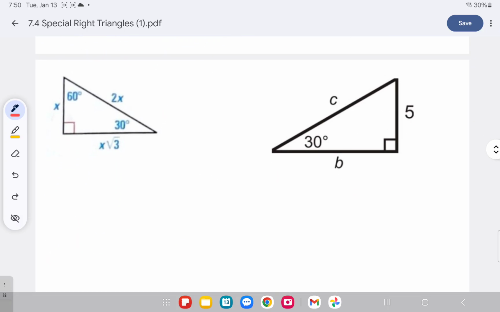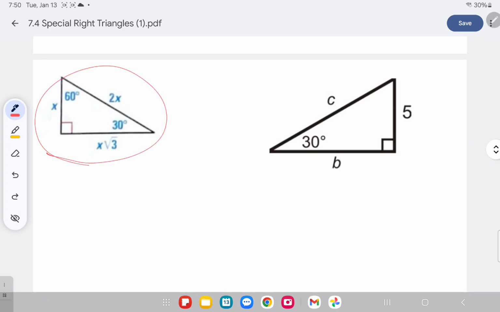So let's get some more practice. This picture off to the left is just a reference for us because this one's just a little bit more complicated than the 45, 45, 90 right triangle. So in this picture, we know the short side. That's good news. If we know the short side, the other two are fairly easy.